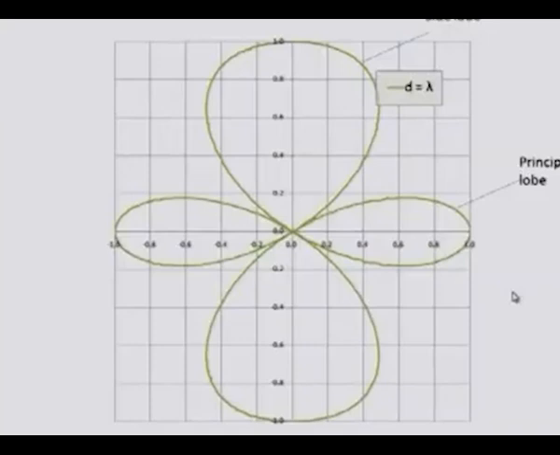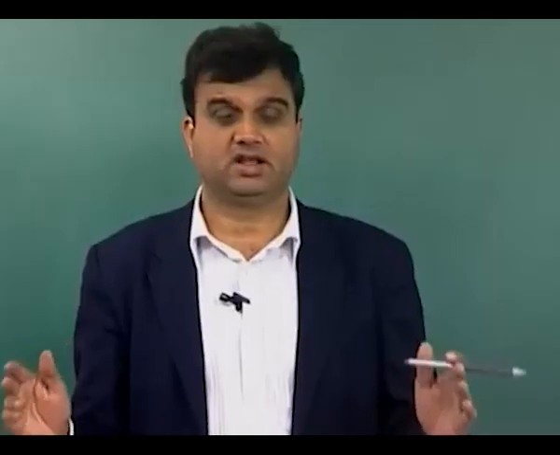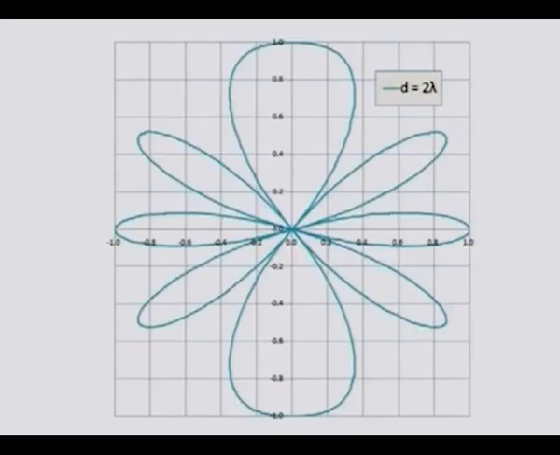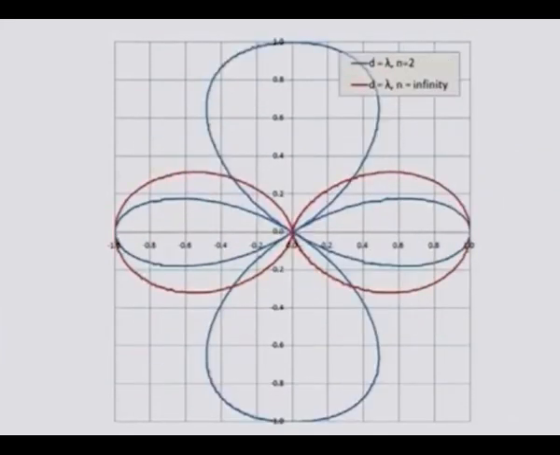The number of such sources is extremely large, theoretically infinite, and we have developed the directivity pattern for this using the relation which we just developed. So, this is how it looks.